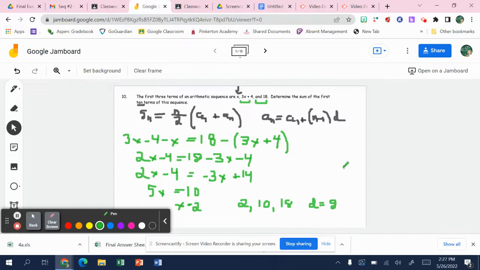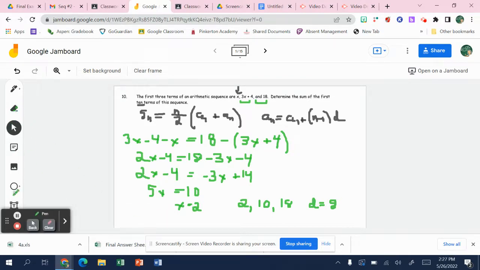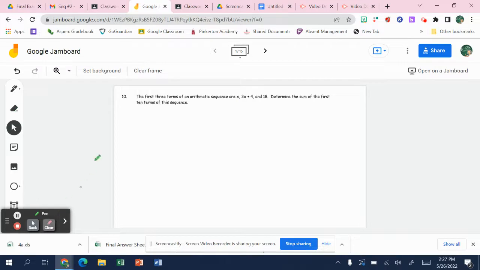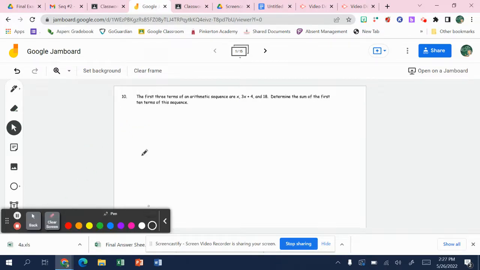Now that I know my common difference is 8, let me erase all of this because I don't need it anymore. How do I get an eraser? All right, well, let me just go back here. So now I know that d, we said, was 8, and we also know that x is 2.